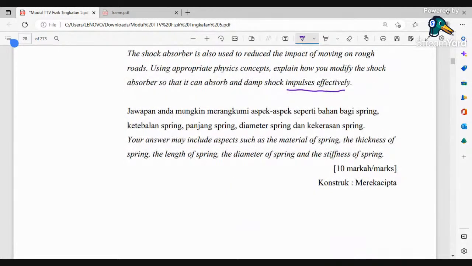Your answer may include aspects such as material of spring, thickness of spring, length of spring, diameter of spring, and stiffness of spring. 1, 2, 3, 4, 5. Ada 5 aspect given. If given 5 aspects, so I think your job will be easier.